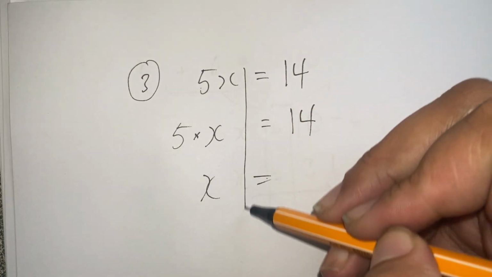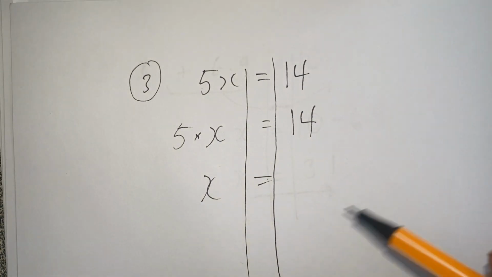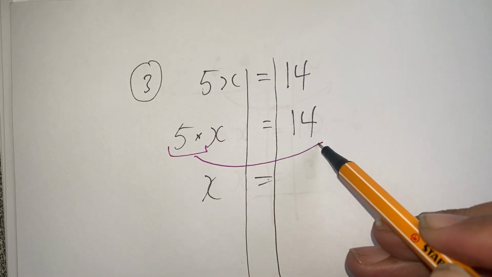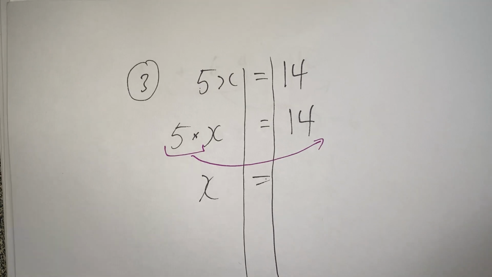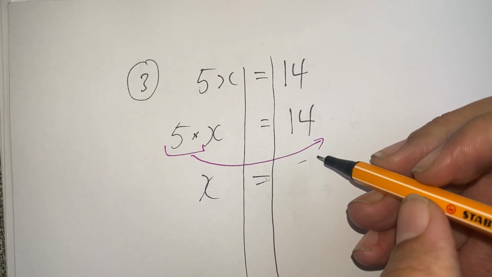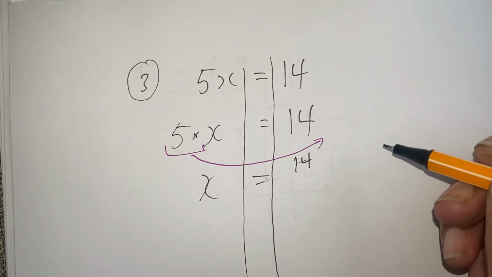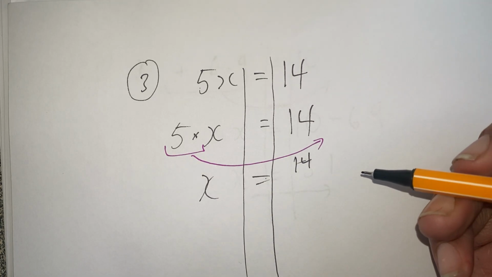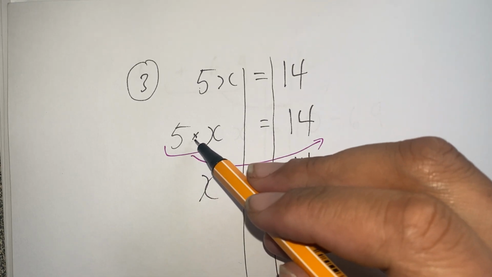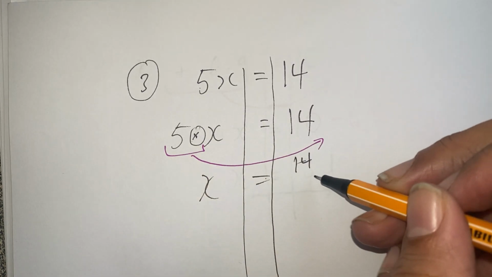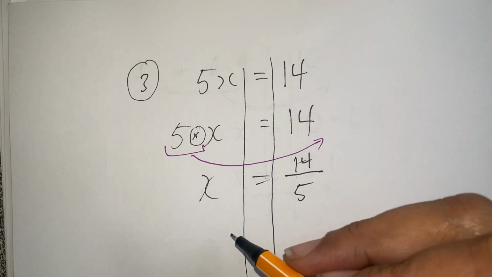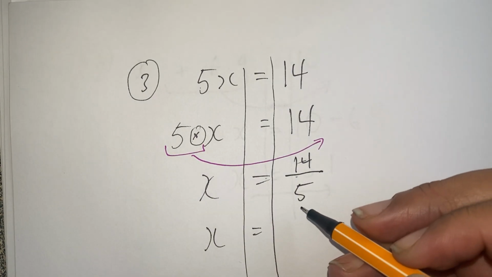Let me just draw this barrier here to remind ourselves that it's there. When we take this over, we do the opposite of multiply, which we confirmed was divide. So the opposite of times is divide by 5. In your answers, you can try and simplify this.